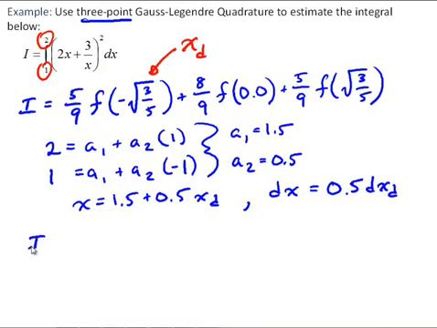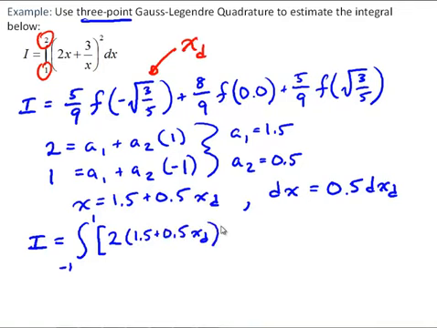So our new integral here is I is equal to the integral from -1 to 1 now of, and now we need to plug all this in, 2 times (1.5 plus 0.5 xd) plus 3 divided by (1.5 plus 0.5 xd).